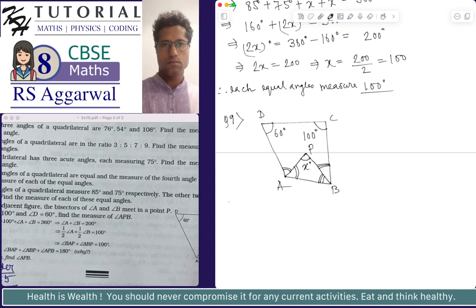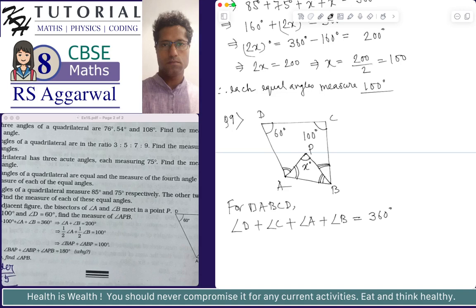Now for quadrilateral ABCD, we know that the sum of the angles will be equal to 360 degree. So we have angle D plus angle C plus angle A plus angle B is equal to 360 degree.